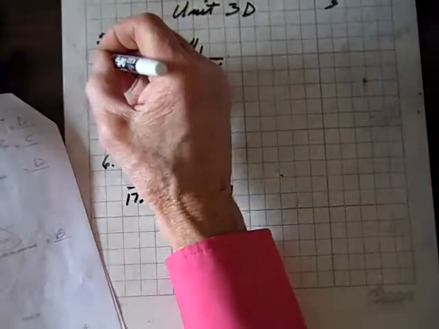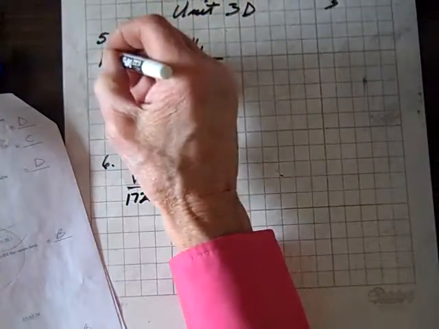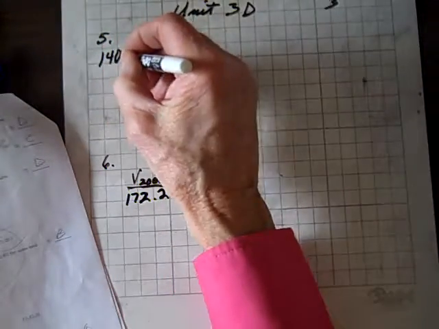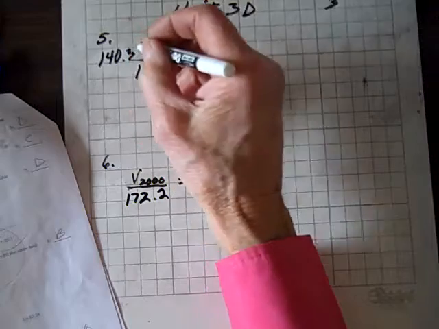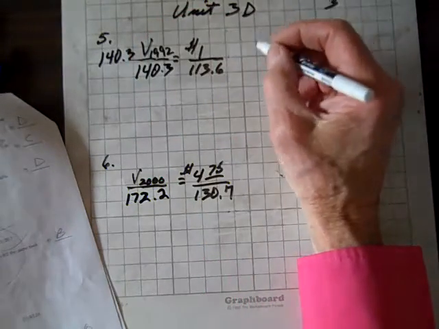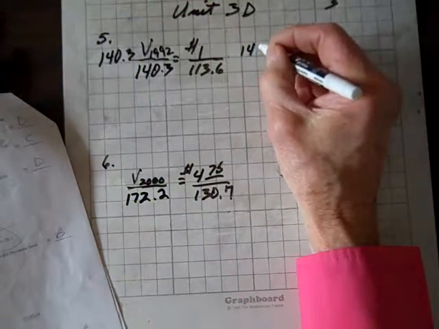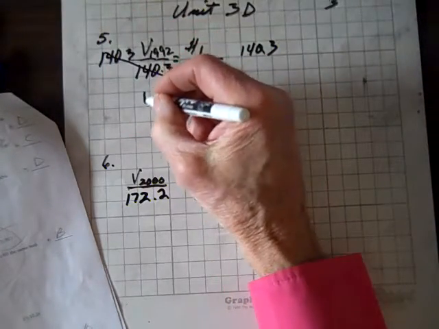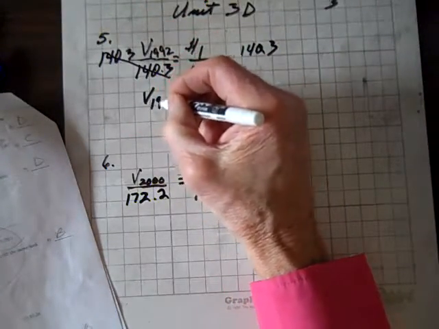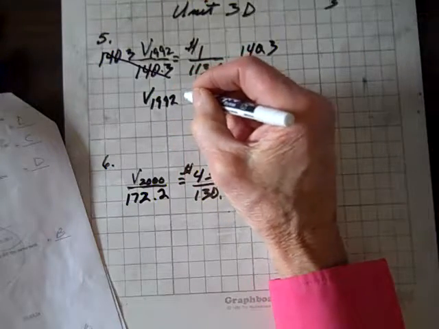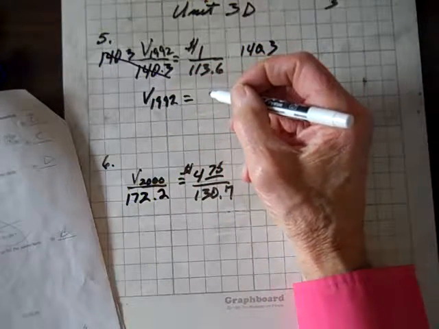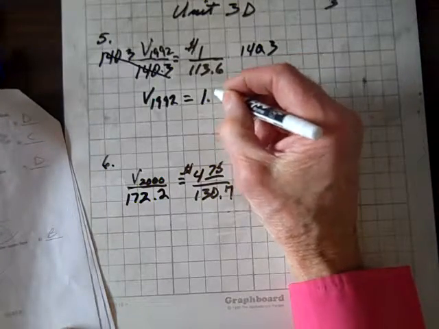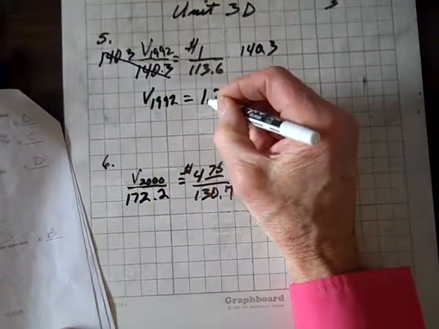And we'll multiply both sides by 140.3 and 140.3. These divide out, and we get the value in 1992 dollars of $1.24.